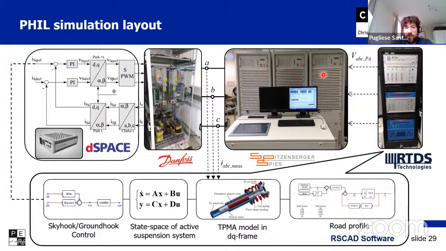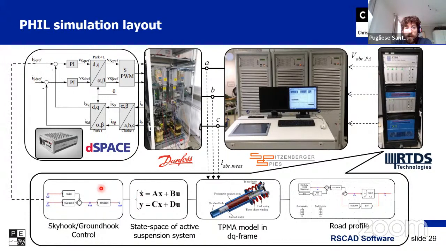This is connected to the power amplifier, and the power amplifier is interfaced to the real-time simulation. In the real-time simulation there is the model of the Skyhook-groundhook controller, the model of the plant, which is the car, the model of my tubular permanent magnet actuator in the dq frame, and the road profile. Everything is in real time.